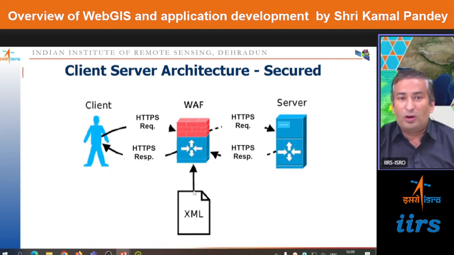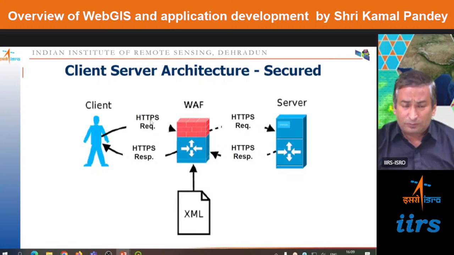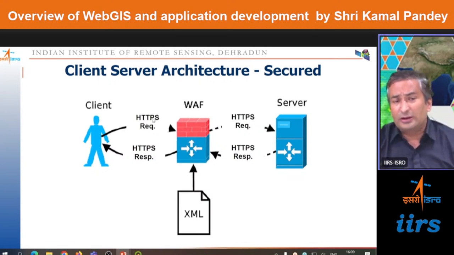From whom you want to receive the request and from whom you want to discard the request. Sometimes hacking requests may also come. Some person wants to hack your PC. So you put one firewall on top of it, and for that firewall, all the rules are there in the form of an XML document.